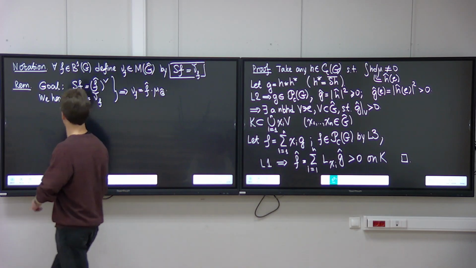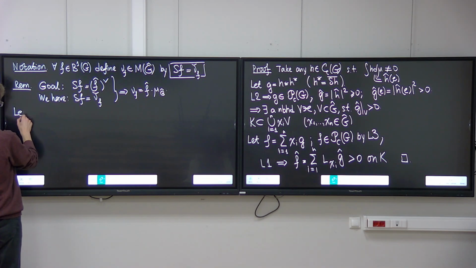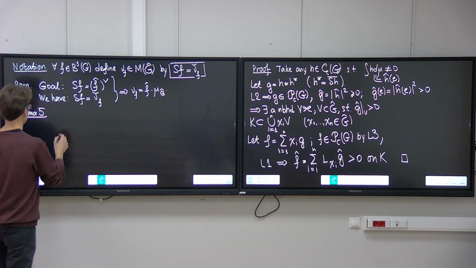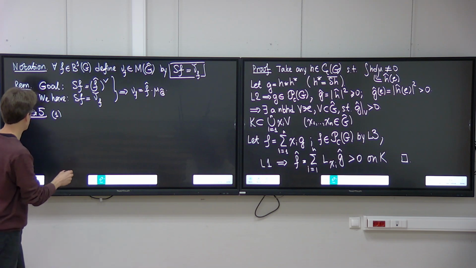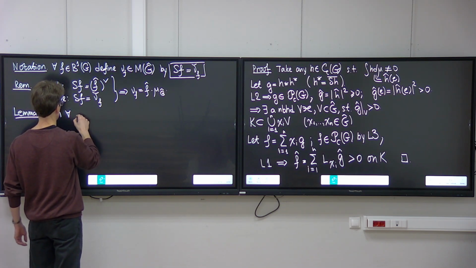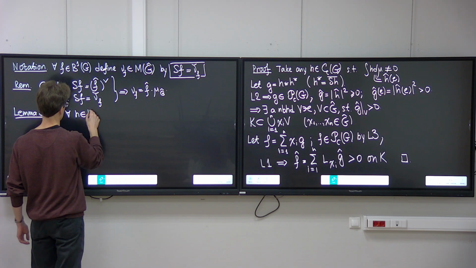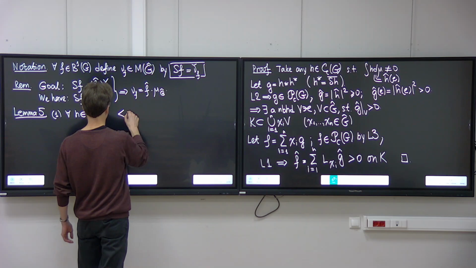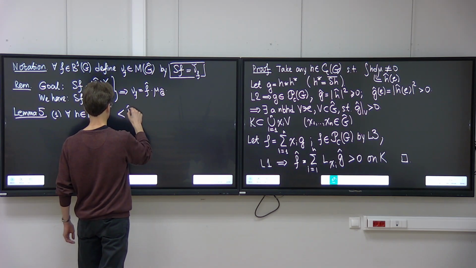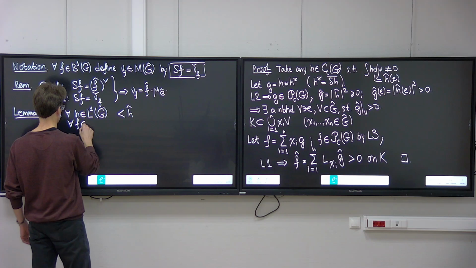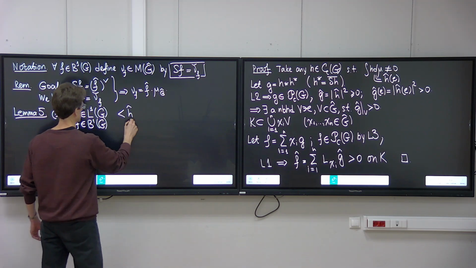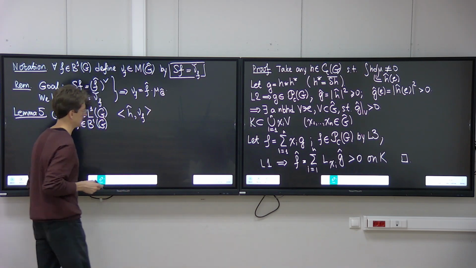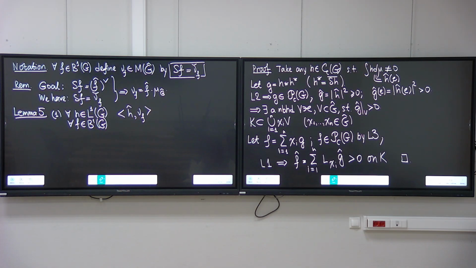Okay, so our next lemma gives us some useful properties of such measures mu_f. First of all, if you take an arbitrary integrable function h on G, then the integral of its Fourier transform with respect to mu_f, where f is an arbitrary function in B1(G), is well defined because mu_f is a finite complex Radon measure.